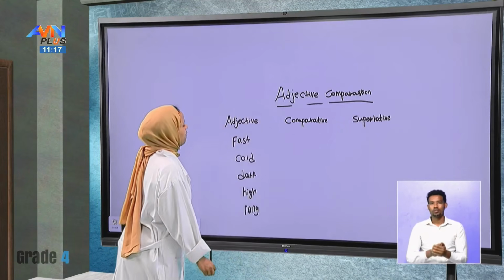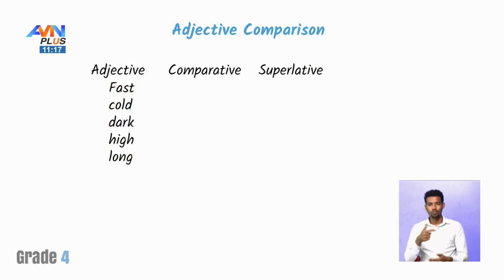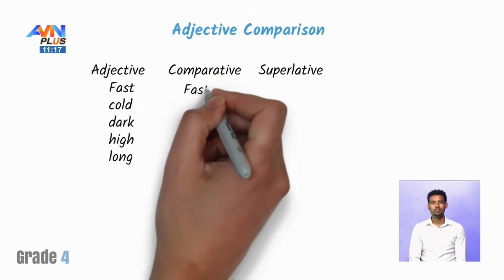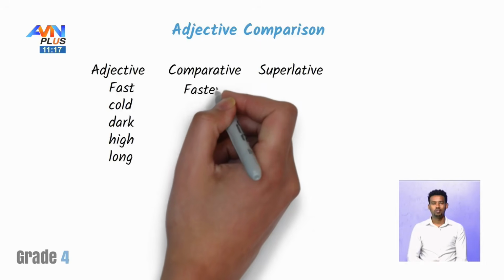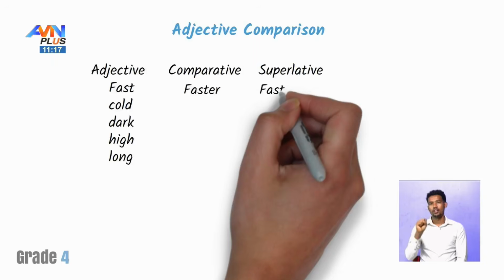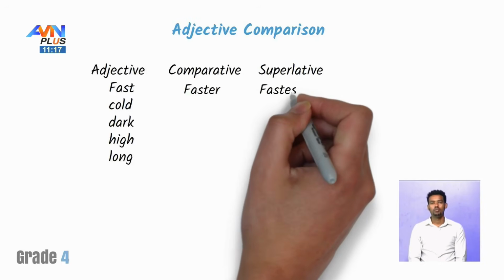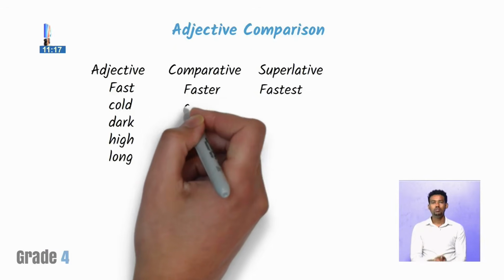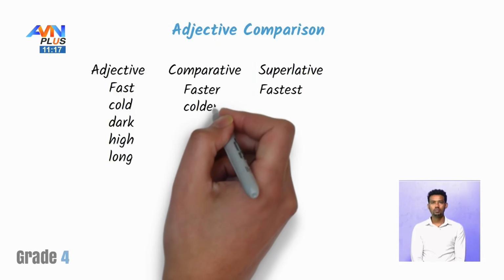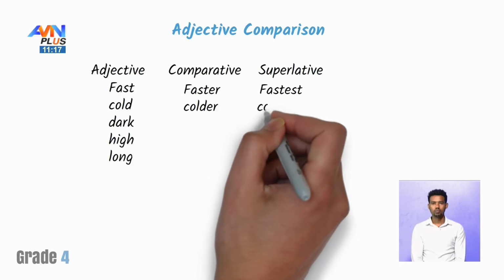So here is fast, faster, fastest. Here is cold, colder, coldest.